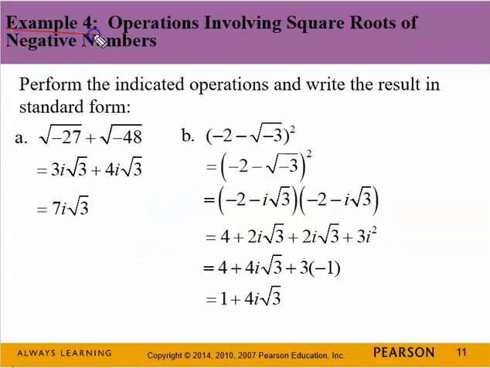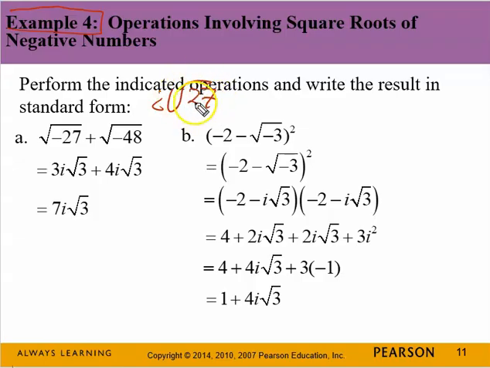Now in example 4, we have these two imaginary numbers. The first thing you might do is just take out the i and get i times the square root of 27.